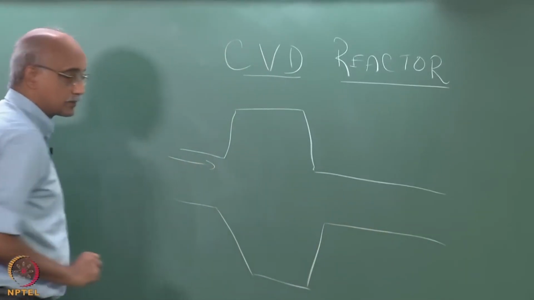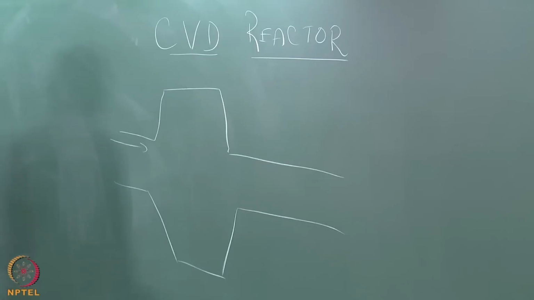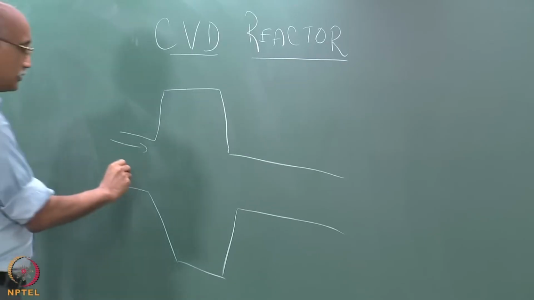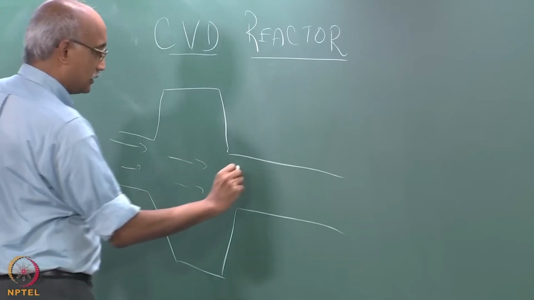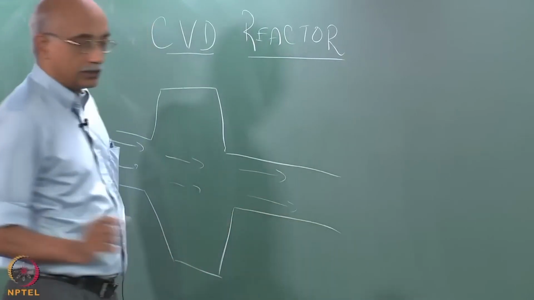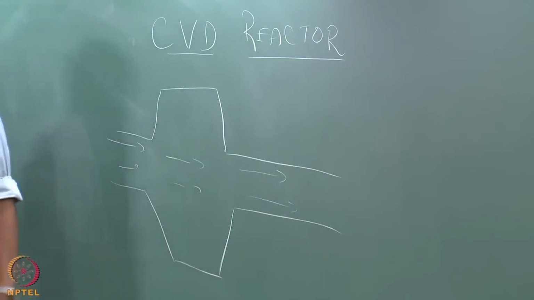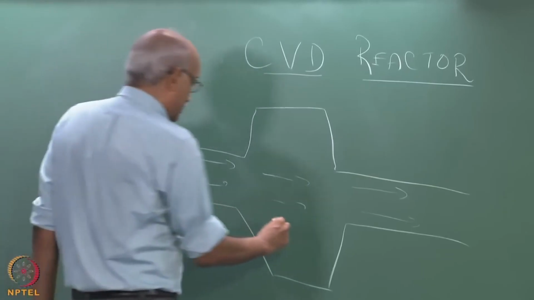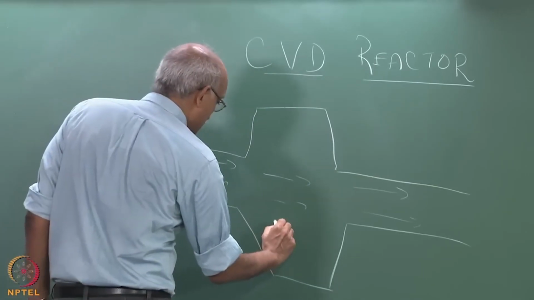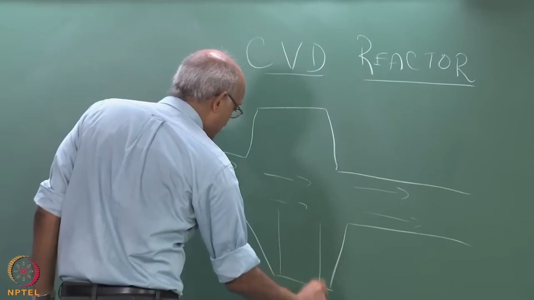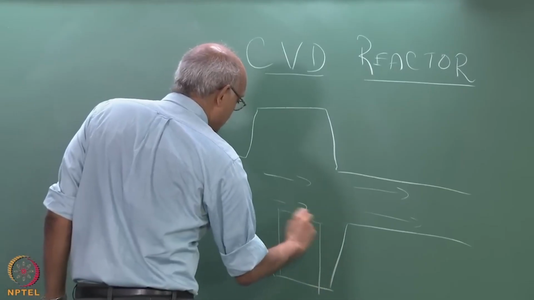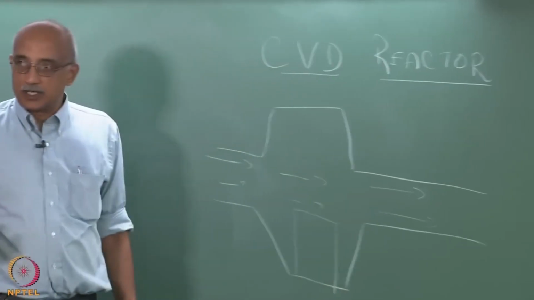you have gases essentially entering on one side of the reactor and flowing through the reactor and exiting at the other side of the reactor. There is a substrate holder, or what is known as a susceptor, which is fixed typically to the bottom of the reactor.